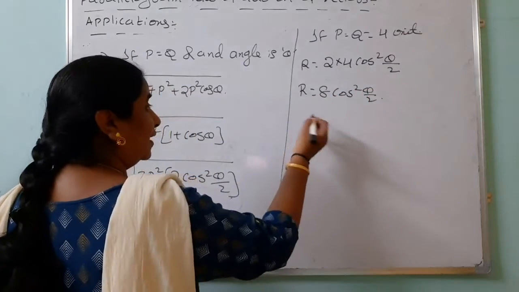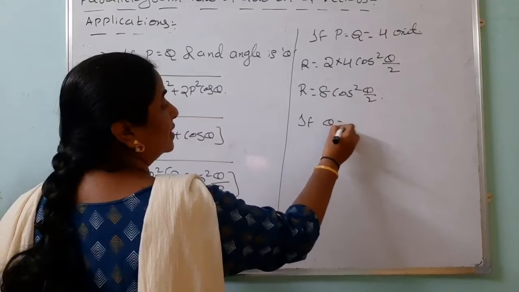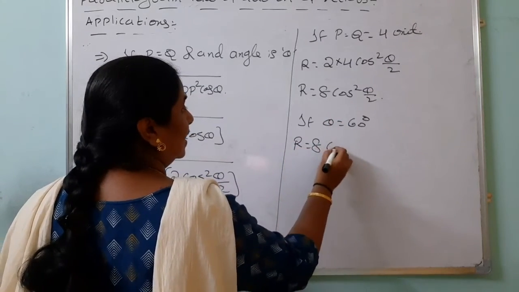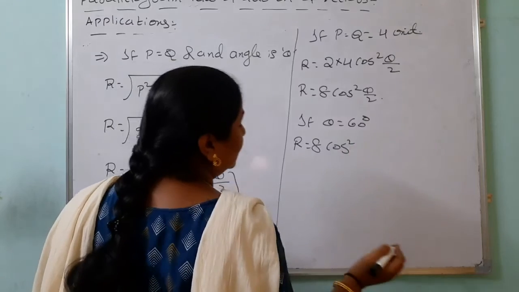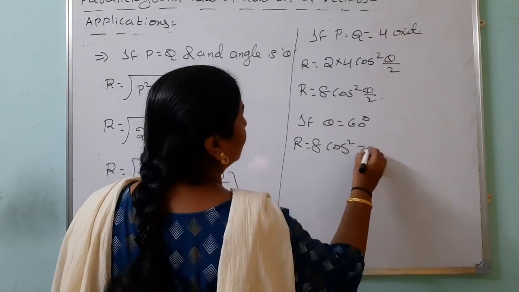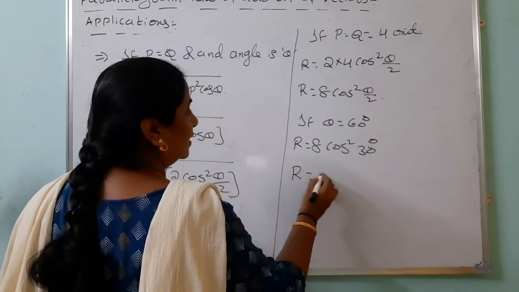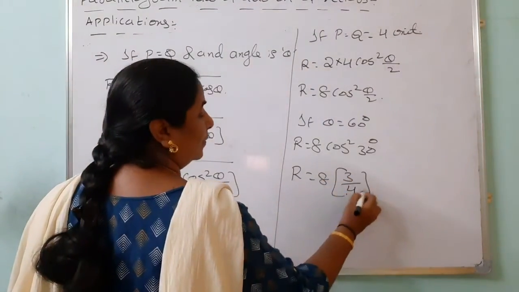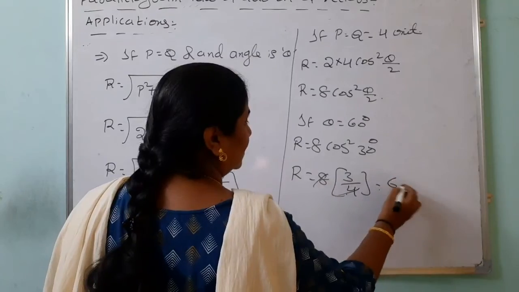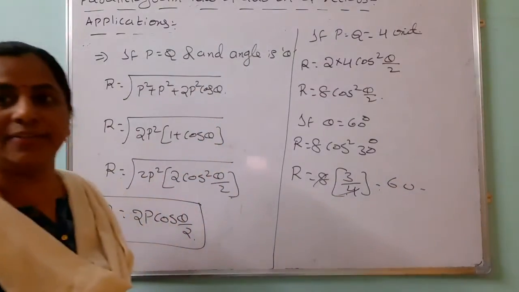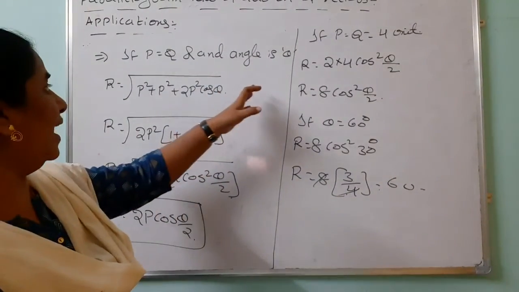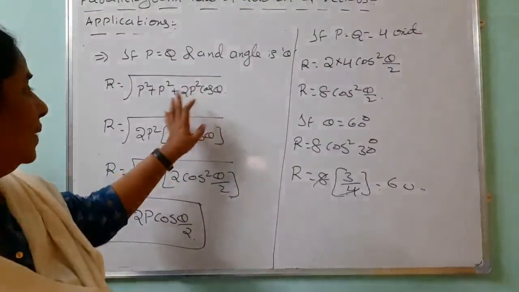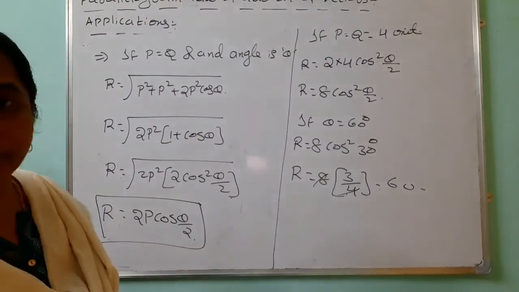Based on this, if P equals Q and theta is 60 degrees, theta by 2 is 30 degrees. So our answer is how much? 8 into root 3 by 2, so this is 4 root 3. Like that we can find out the resultant. If we consider angle is theta and P equals Q, directly we can go through this method.